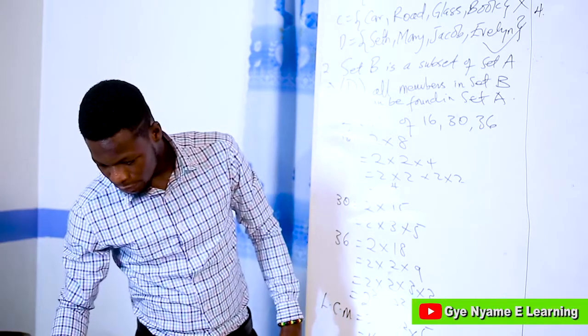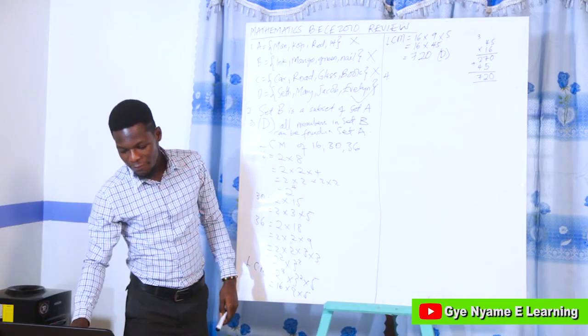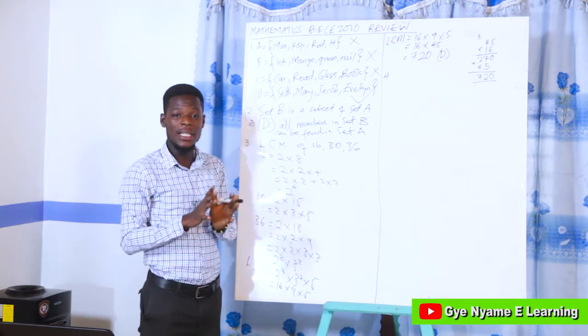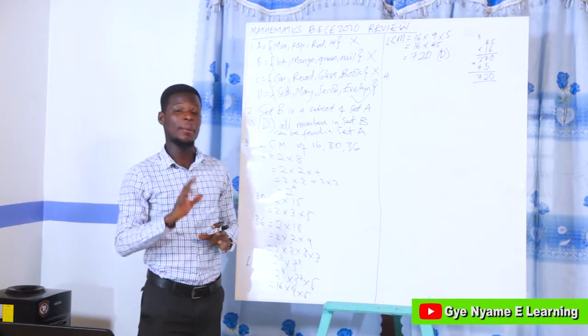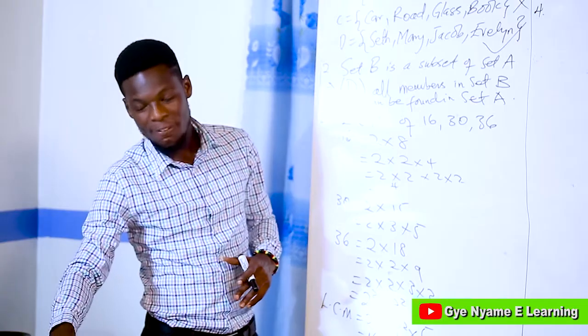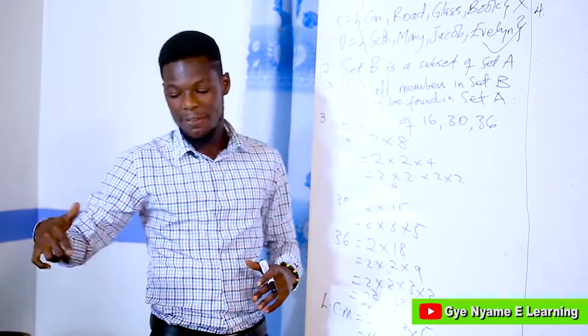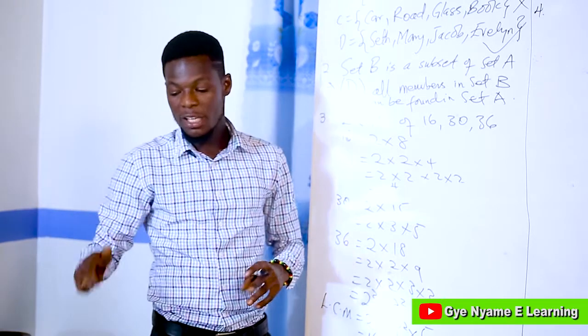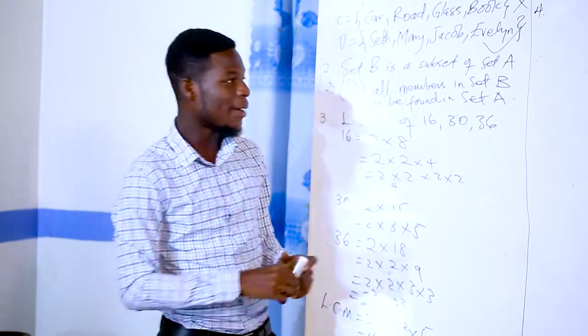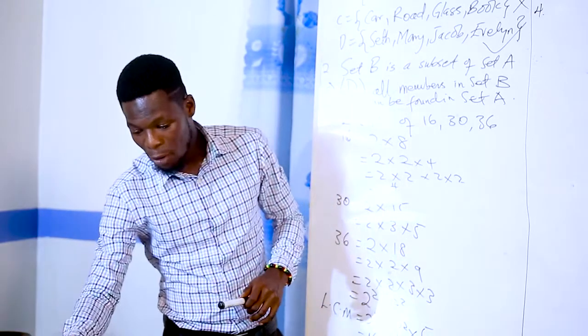Question 4. The sum of 5 and x. This is a word problem that we need to carefully examine before we can write the mathematical statement. The sum of 5 and x divided by 4 is equal to 3.25. Find the value of x. Let me write the statement there.